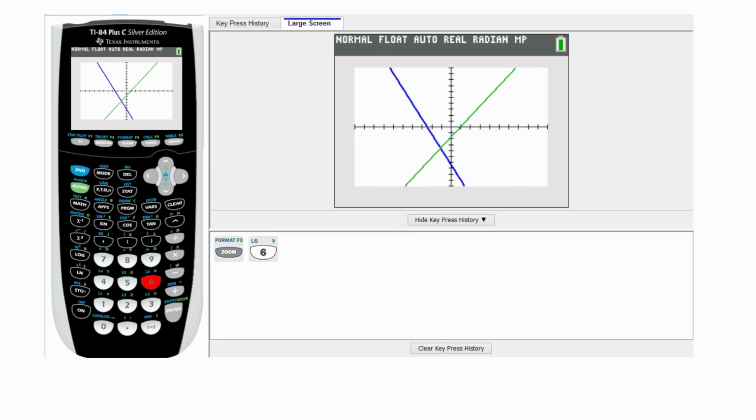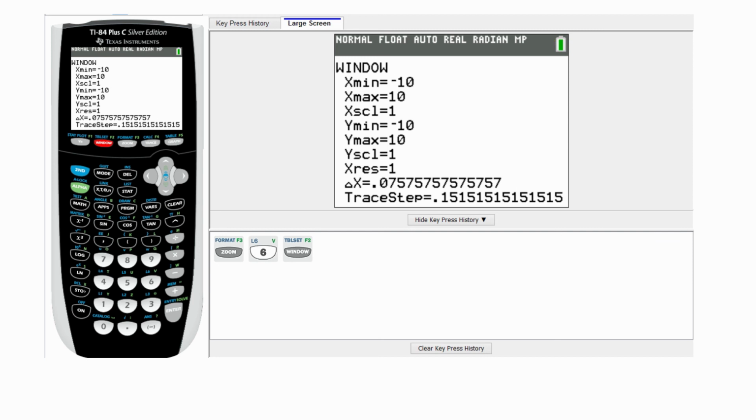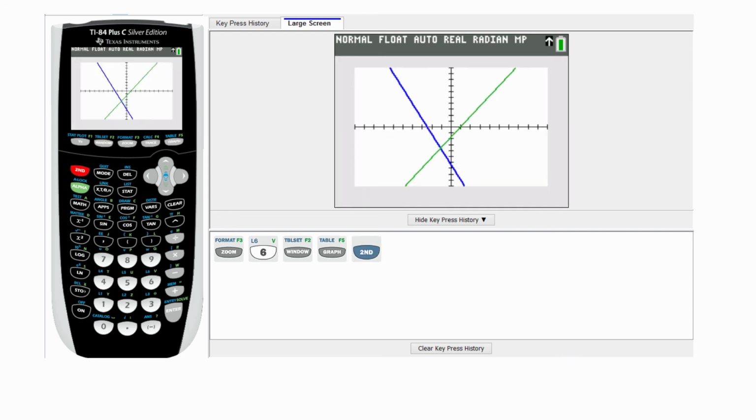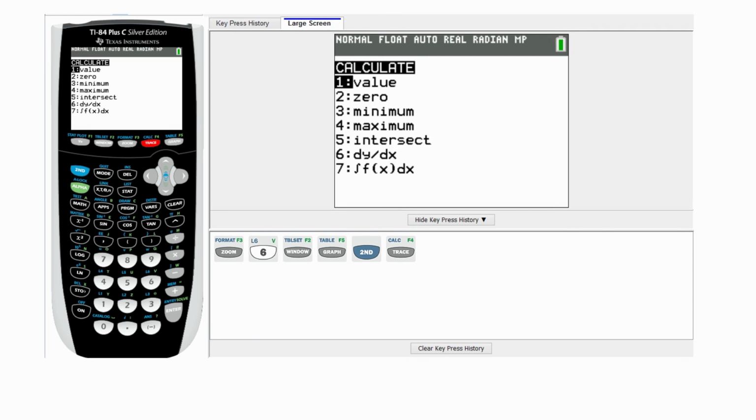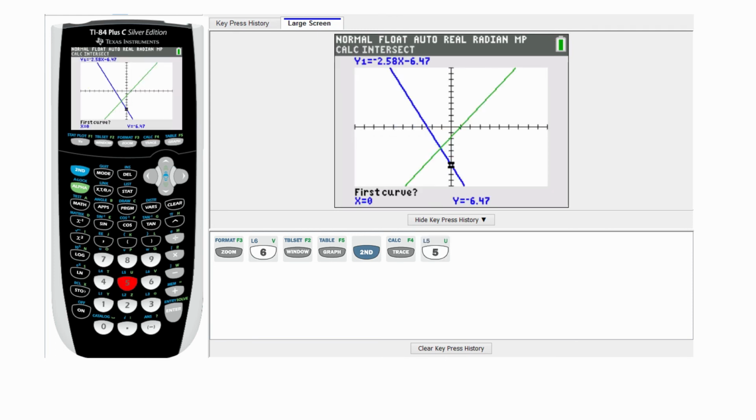Now it's important that the place where they cross is visible when we use intersect on the calculator. If you cannot see the place where they cross, intersect will not work. You can always go to Window to change your X-min, X-max, Y-min, and Y-max so that you can see where they cross. So now let's do second and trace, which will give us calc. We want intersect, which is 5.